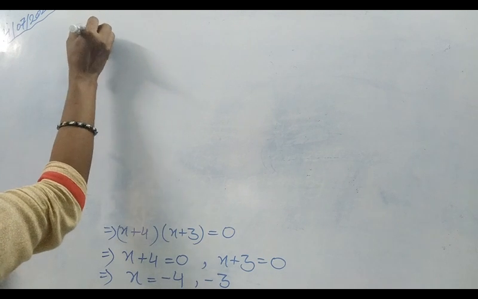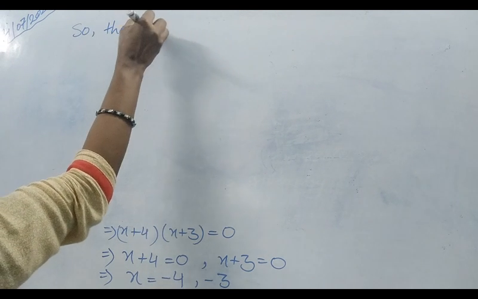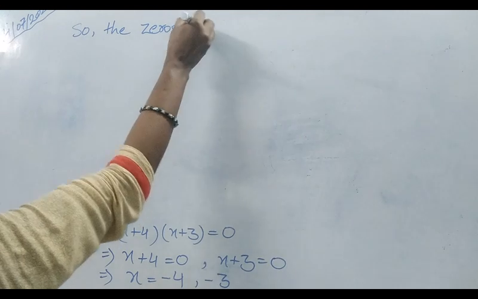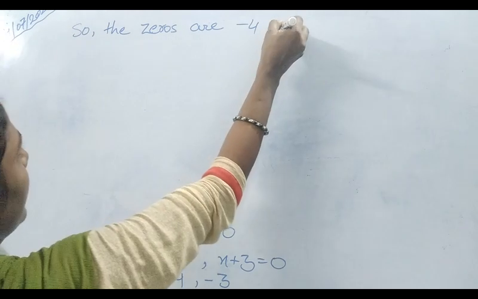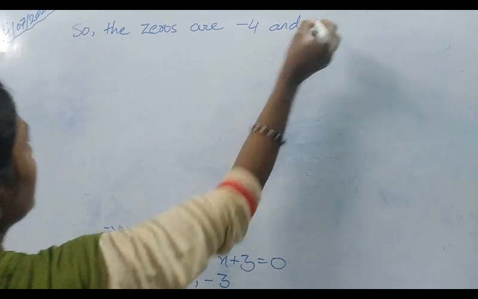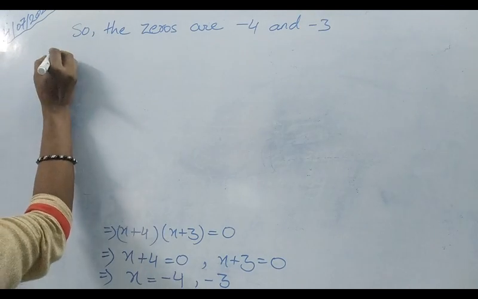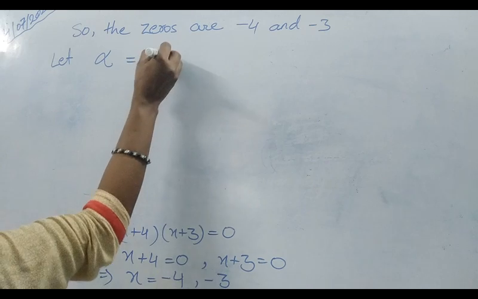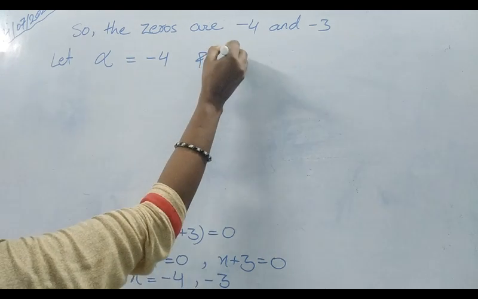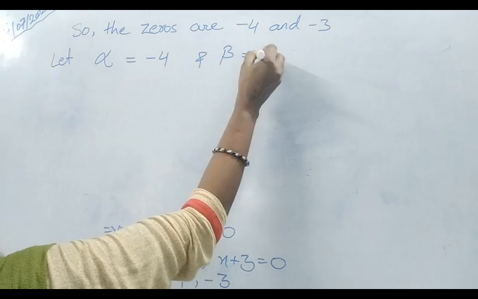So the two zeros are minus 4 and minus 3. Let us consider the first zero as alpha and the second zero as beta.